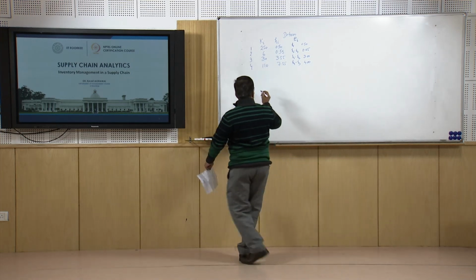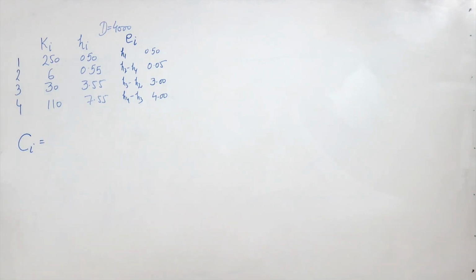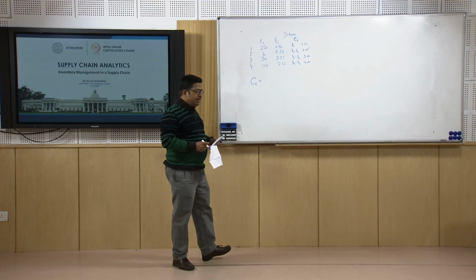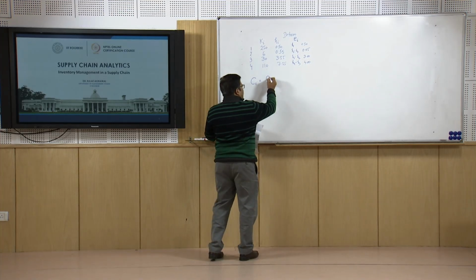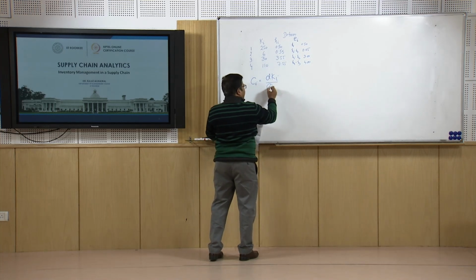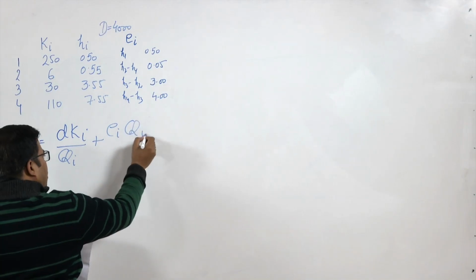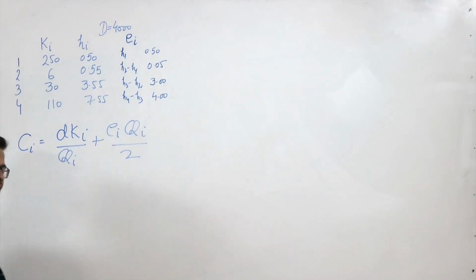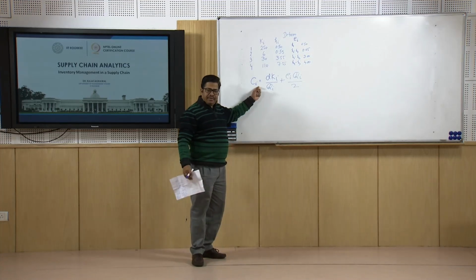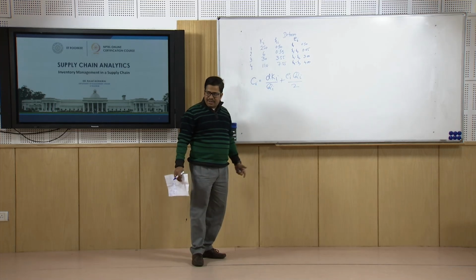So, that is CI, that is for a particular stage in the supply chain, the cost of inventory will be D into KI upon QI plus EI QI by 2. This is the variable cost of inventory at a particular stage.